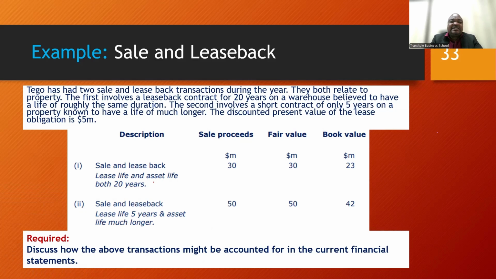The lease life and asset life are both 20 years. Sales proceeds 30 million. The fair value of the warehouse, 30 million. And the book value, 23 million. But the obligation, this guy is only going to meet 5 million in this situation. He's only going to pay 5 million.